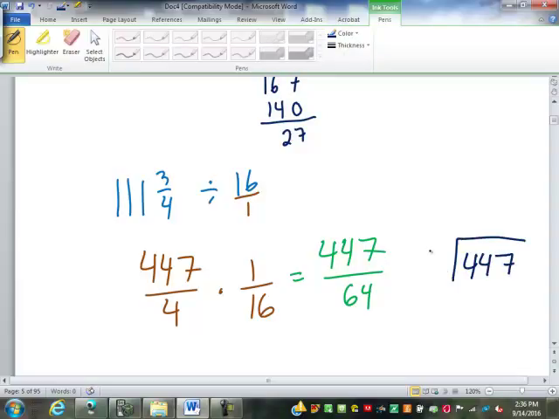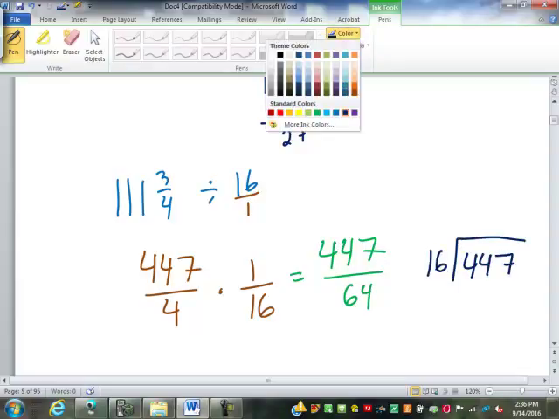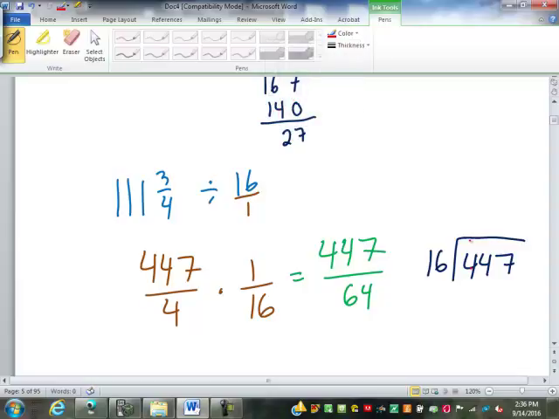Now we divide it out. 16 does not go into 4. 16 goes into 44 twice. That's 32 with 12 left over. Bring down the 7. 16 goes into 127.